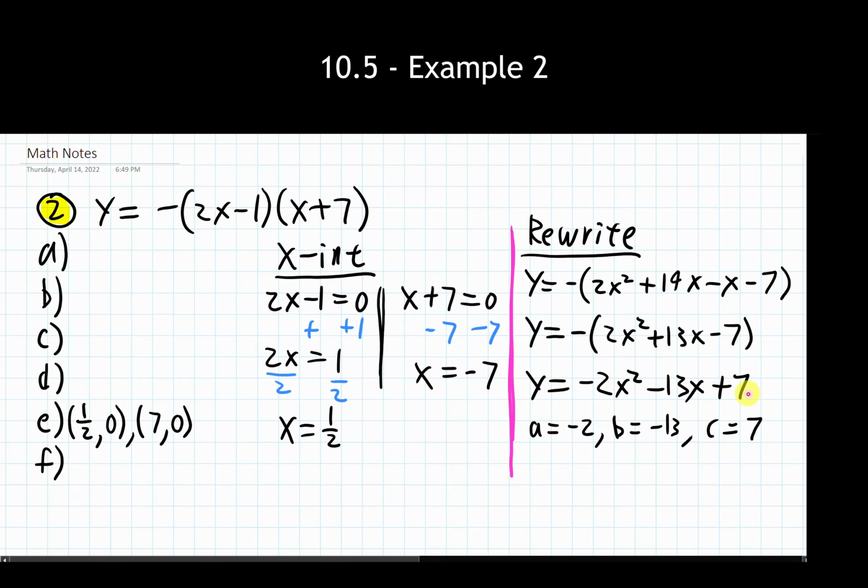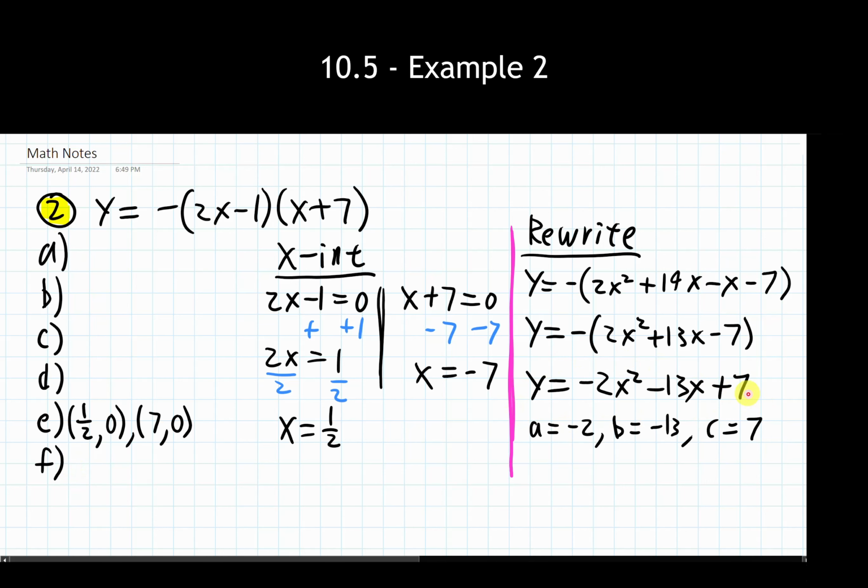We started with the x-intercept. Let's keep the trend of working with the intercepts alive. Let's plug in and find my y-intercept, right below the x-intercept. We remember that we are plugging in 0 for x to find that, so I have -2 times 0 squared minus 13 times 0 plus 7.